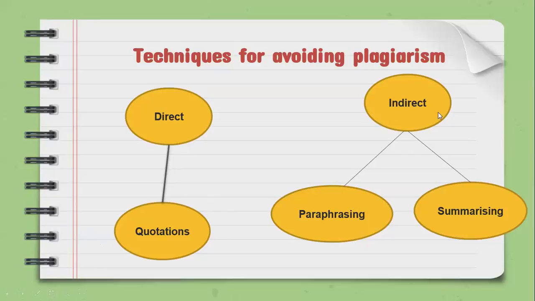Then the indirect ones. Typically we have to use these indirect techniques. The first thing is summarizing. In earlier sessions, Amrithaa madam and Pirunthavi said that in the literature review, each paragraph of a research paper can be summarized.